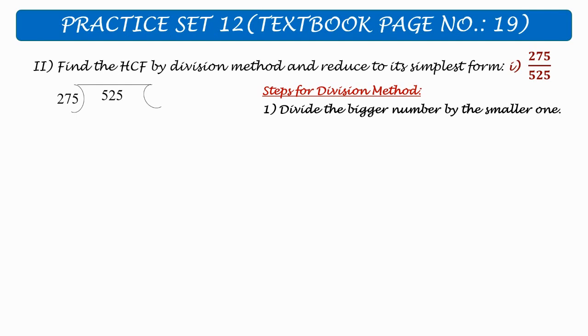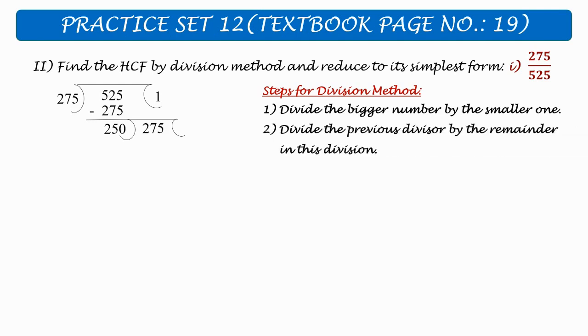275. Now we know that 275 ones are 275. So from that 1 we will be writing on the right hand side of 525 and we will be subtracting 275 from 525. So we get the remainder as 250. Now in the second step we know that the divisor of the first step will be the dividend in the second step and the remainder of the first step will be the divisor of the second step.